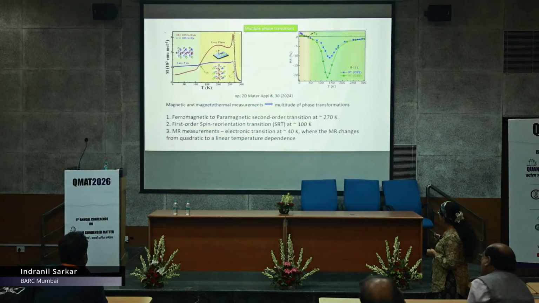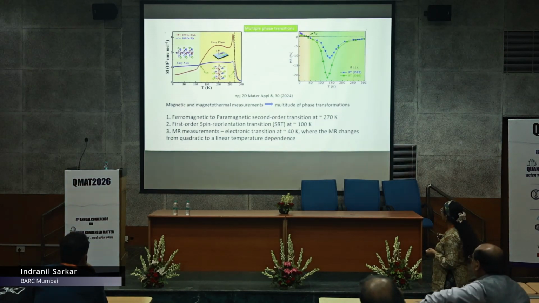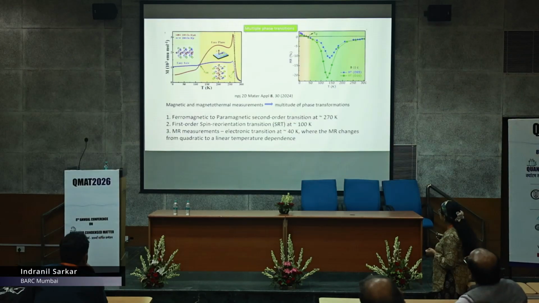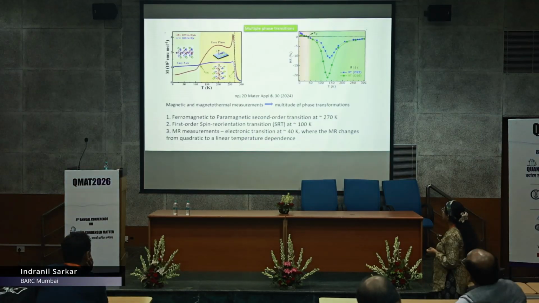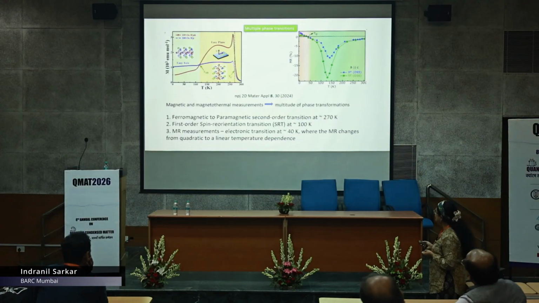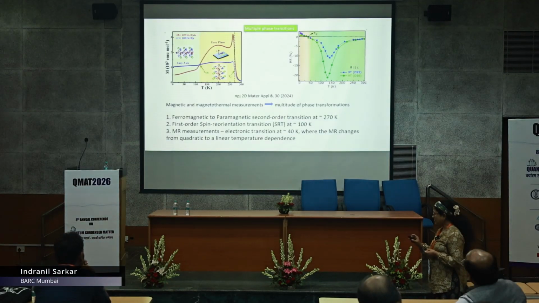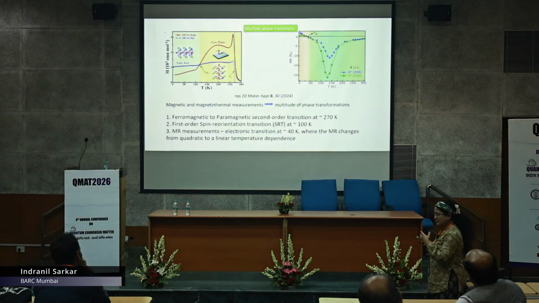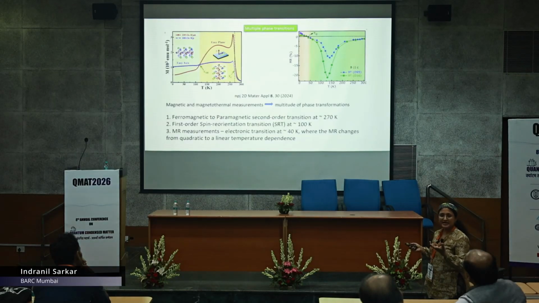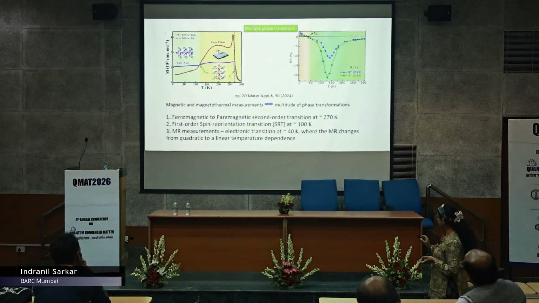The magnetoresistance measurement also shows a strange electronic transition where the magnetoresistance changes from positive to negative, and there is a change from quadratic to linear temperature dependence. So what we will be showing here is how we can explain these phase transformations.